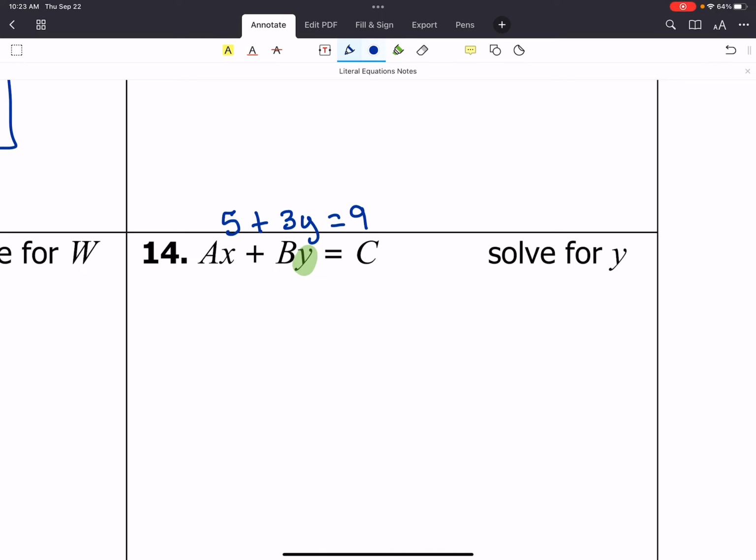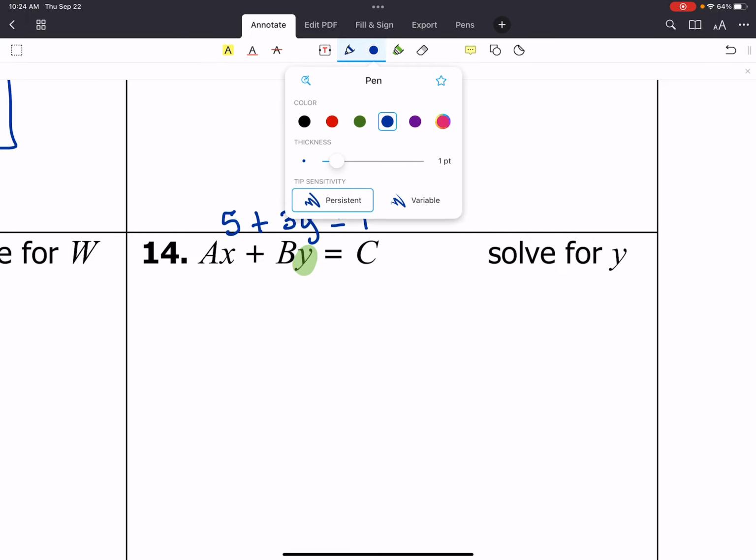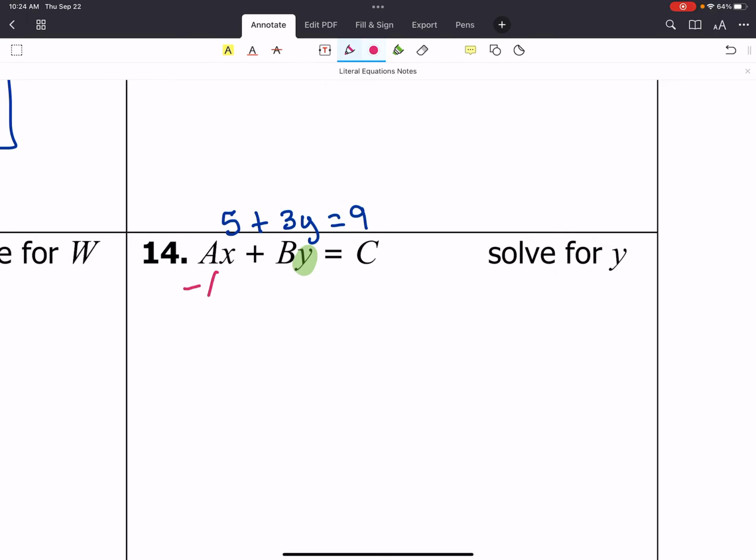Okay, so sometimes if I'm having trouble deciding where to start, I'll substitute some of those variables for constant numbers just to help me understand what's happening. So when I look at it that way, I can see pretty quickly, oh yeah, I need to subtract this ax term from both sides.